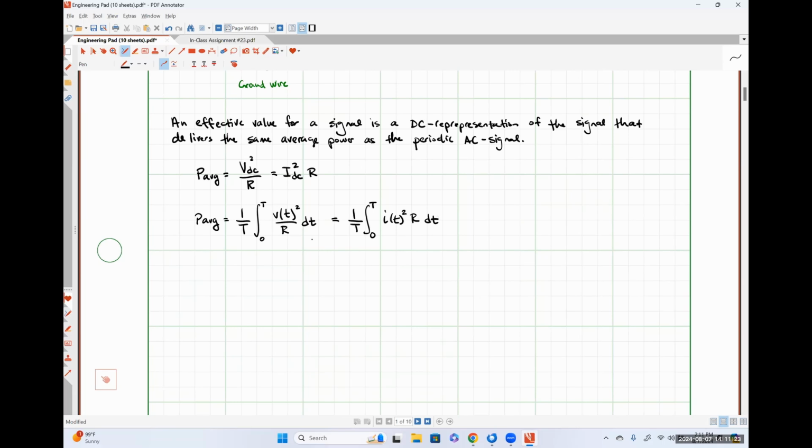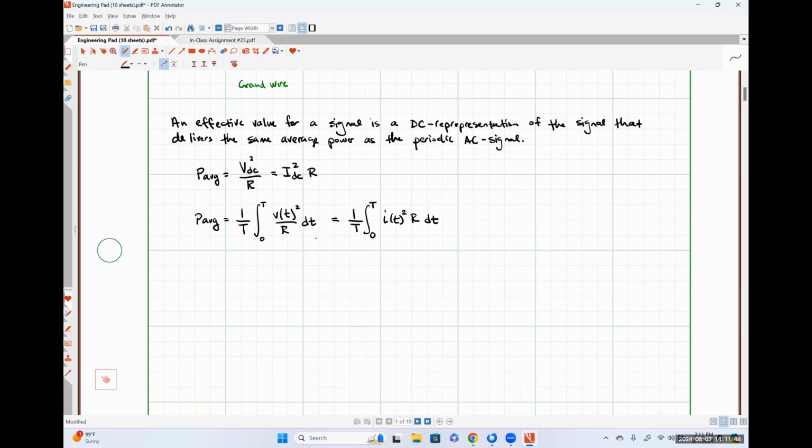So these two representations are just instantaneous power in terms of voltage and in terms of current. And then we are integrating the instantaneous power over 1 period, dividing by the period length, which gives us our average power, as was previously discussed.